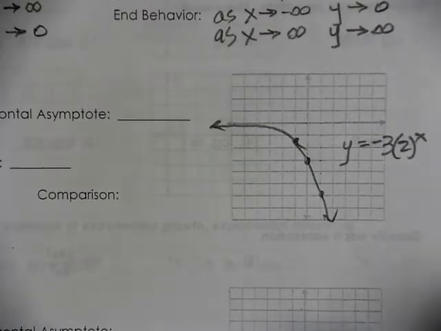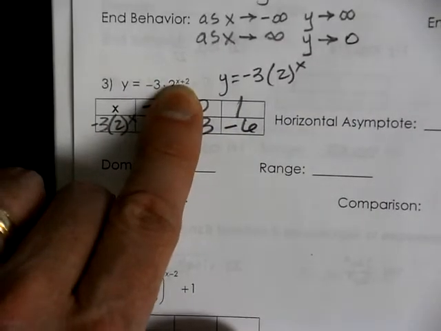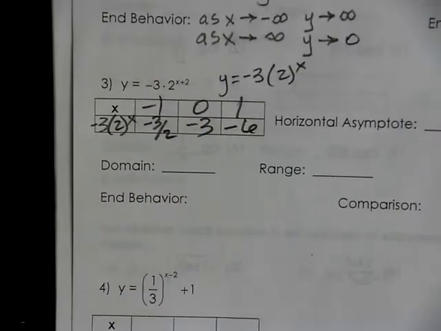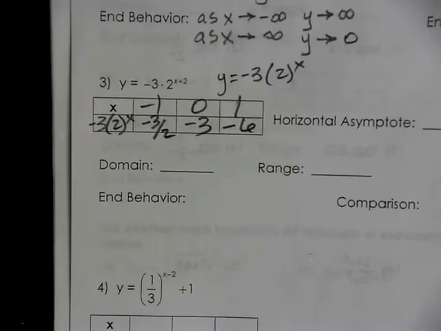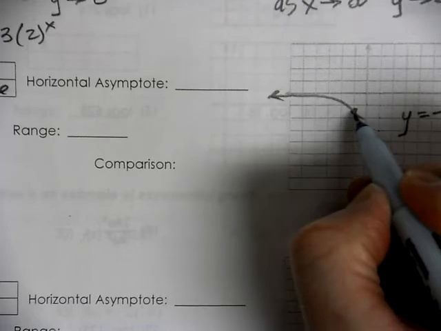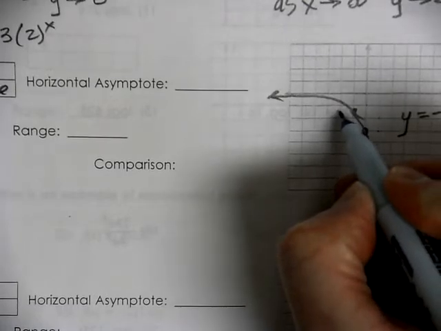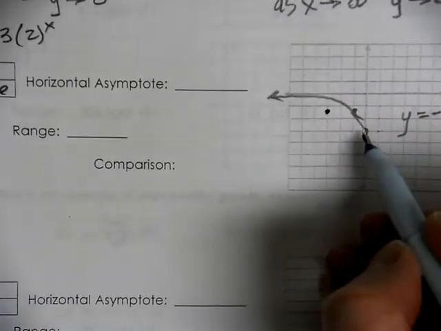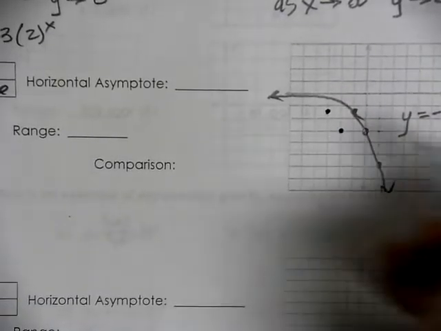Now what we're going to do is notice that this says x plus 2. So if it says x plus 2, we're going to move it 2 to the left. So we're going to take every one of these points and move to the left. Doesn't look to have any k value, so it's not going up at all.